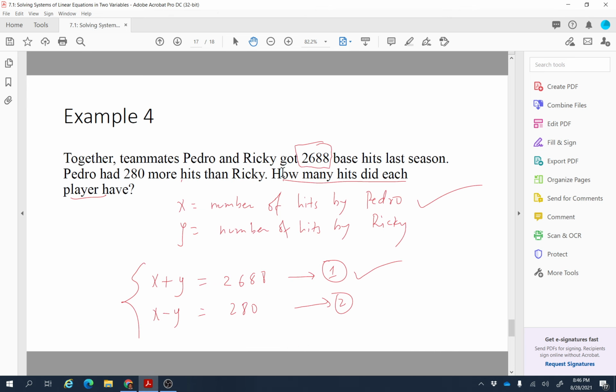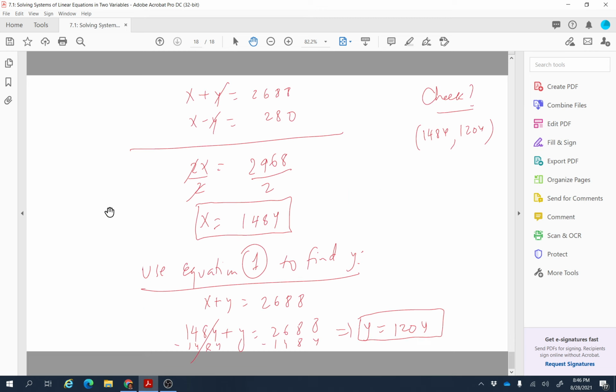Let's say the question is how many hits did each player have. To answer that question, you always have to write it down in words. So the number of hits made by Pedro is 1484.